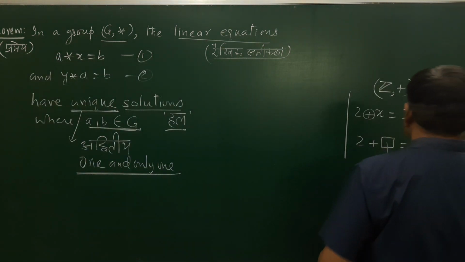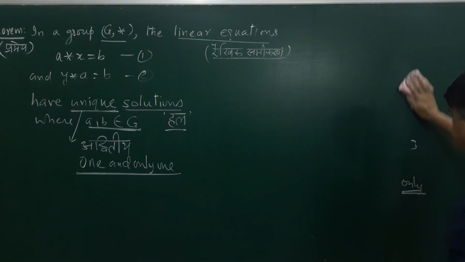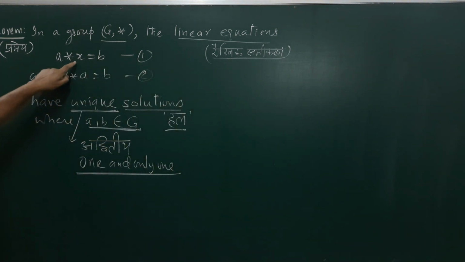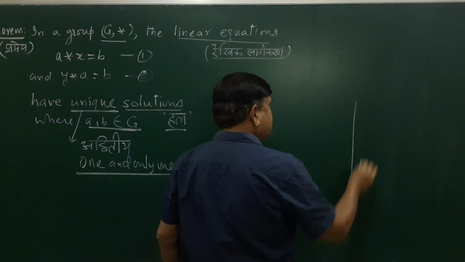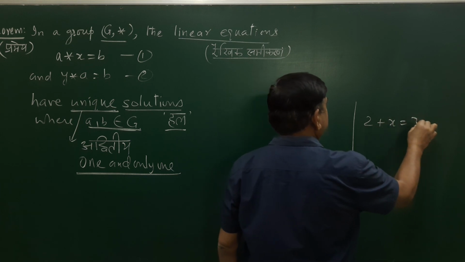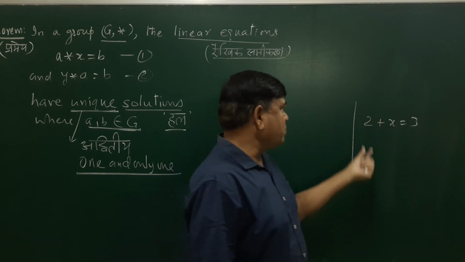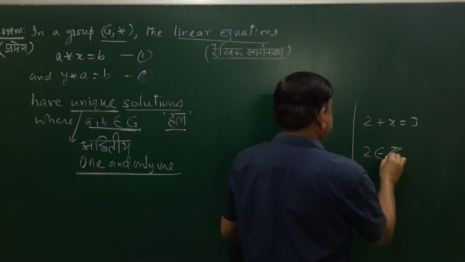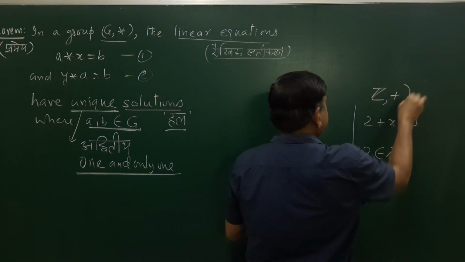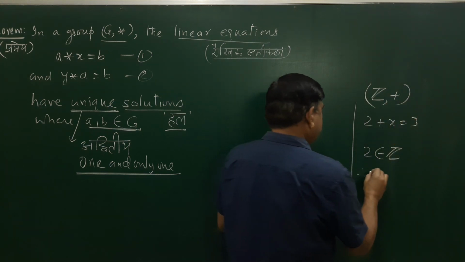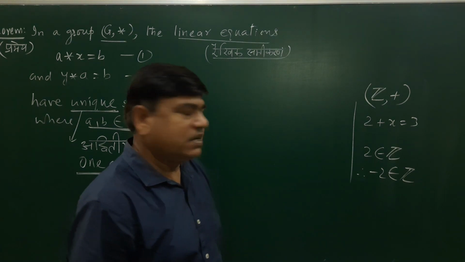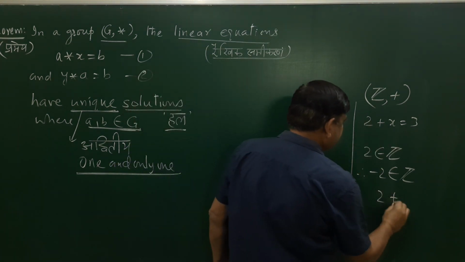How to prove? To find the solution, इसका सॉल्यूशन कैलकुलेट करने के लिए जैसे मैंने यहाँ लिखा था, this is 2 plus x equals to 3. We do not want this 2. So 2 belongs to Z. This is the group. Therefore, minus 2 belongs to Z. Inverse of 2 is minus 2. Now we compose both sides.